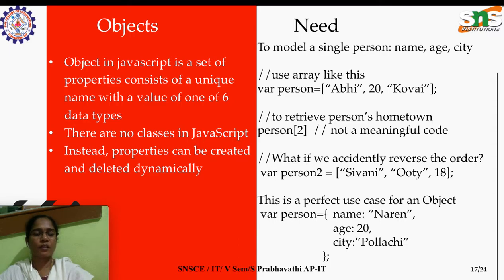Here in JavaScript there is no need to mention classes as in OOP languages like C++ and Java, which we have studied already. Instead, straight away we can have the object, and for that object we could define the properties and functions, and of course we could add and delete properties dynamically.